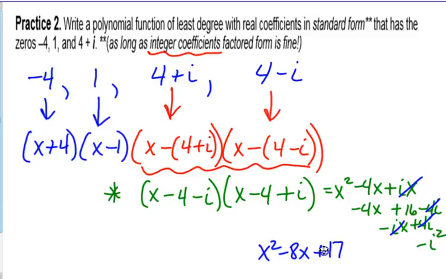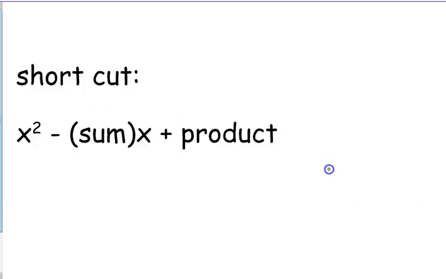There is a shortcut. Please find a place on your notes to write this down. The shortcut is x squared minus the sum of the roots times x plus the product of the roots. Really fast example. If I had roots of negative 1 and 5, the factors would be x plus 1 times x minus 5.